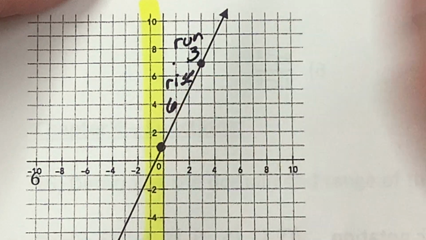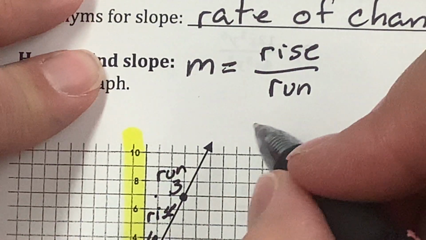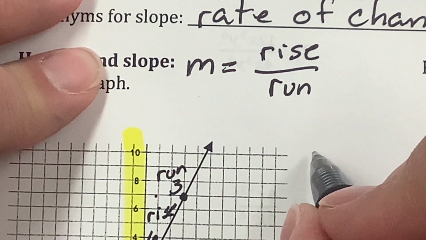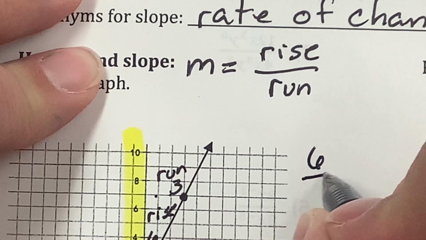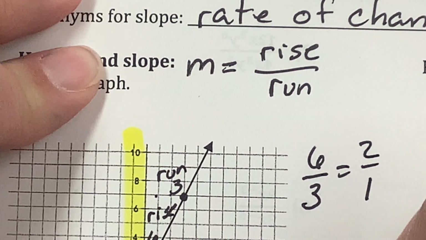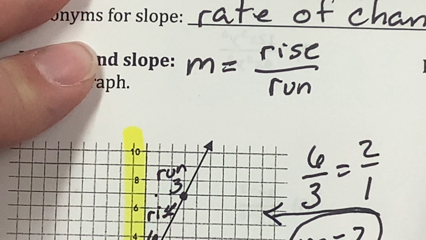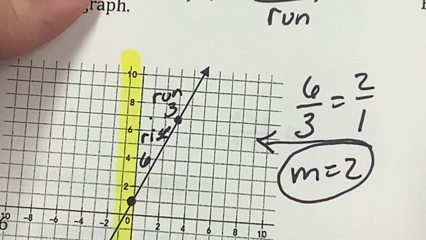Run 3. Now it doesn't matter which points you pick, because you're going to reduce it down to lowest terms. So for this graph here, it's going to be 6 over 3, which turns into 2 over 1, or just m equals 2. And that is the slope for that graph, m equals 2.